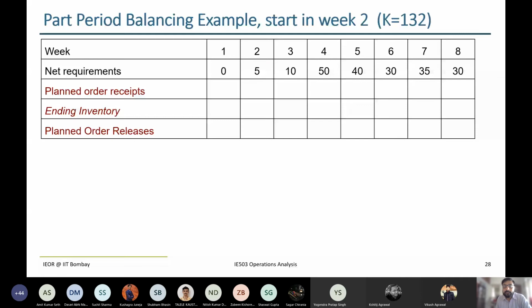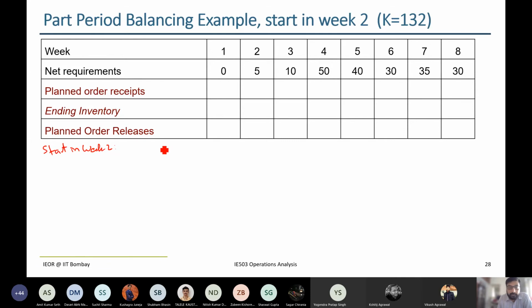Let's start in this week 2. Let us say we already know K is 132. So we need to figure out how the holding cost increases and how close it comes to 132, and then we stop. So again, we are starting in week 2. Let me write it here. Start in week 2.